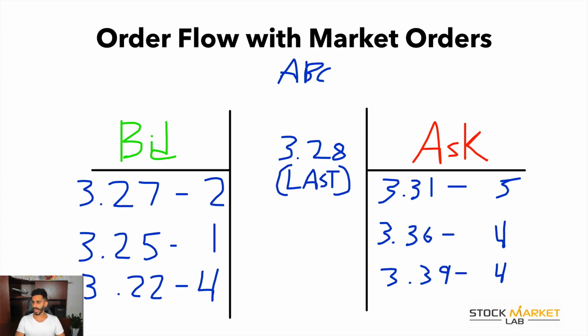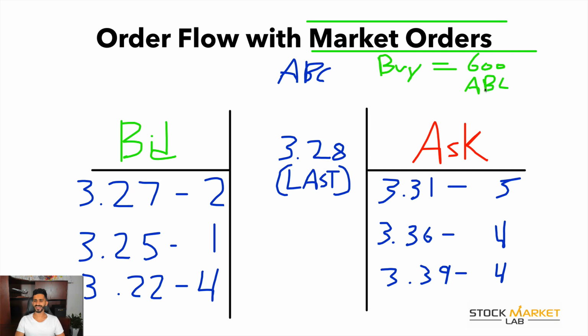Now let's say I place an order. I go into the platform and I say, okay, I want to buy 600 shares of stock ABC, and I want to use something called a market order. So I'm using a market order to buy 600 shares of stock ABC.